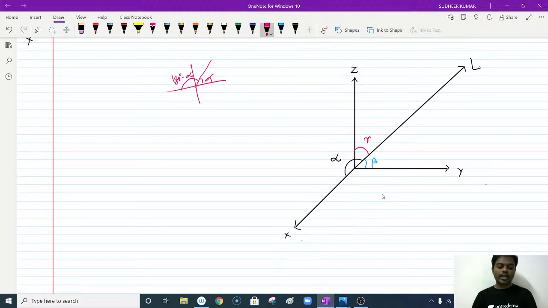Similarly, when we draw a line in 3D, we'll get two types of angles, supplementary angles. One is beta, the other side is 180 minus beta. So alpha, beta, gamma are the angles made by the line L with the x-axis, y-axis and z-axis. Its supplementary angles are 180 minus alpha, 180 minus beta and 180 minus gamma.